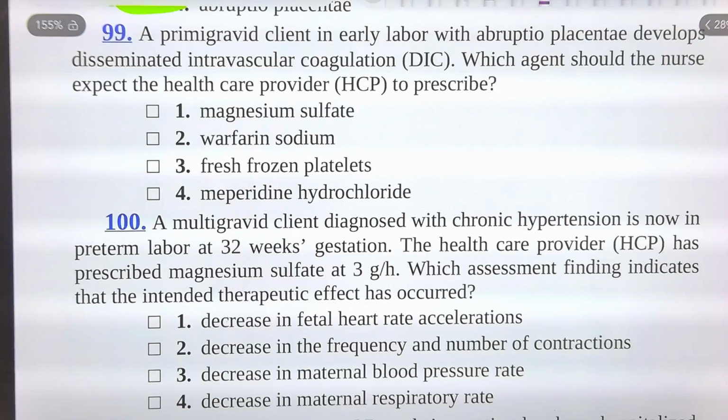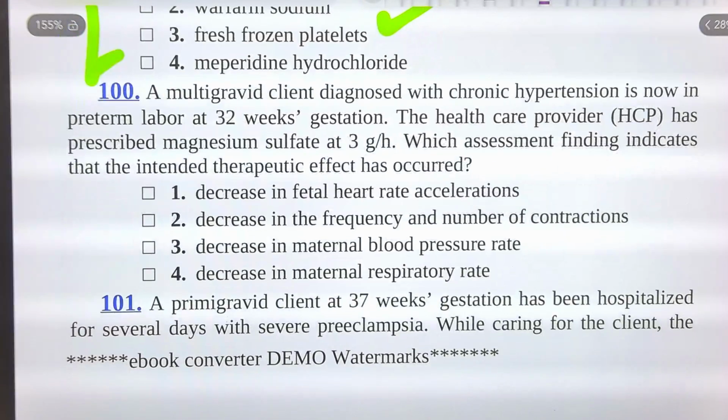Now next question. A primary gravida in early labor with abruptio placenta develops DIC. Which agent should the nurse expect the HCP will prescribe? So DIC के अंदर हम क्या चीज देते हैं? What will be the right one? Fresh frozen plasma will be the correct answer.